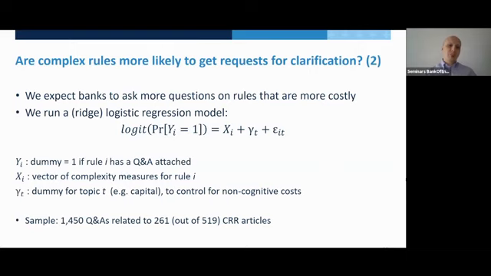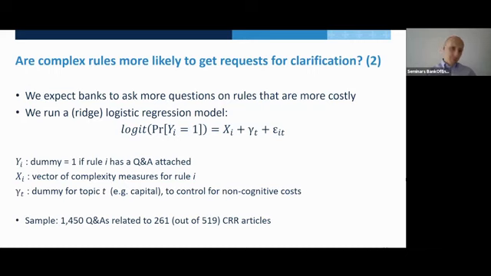And we fitted a rich logistic regression model, where on the left-hand side we essentially had a binary variable, 0 or 1, saying whether a question was asked about a particular rule, a particular CRR article here.